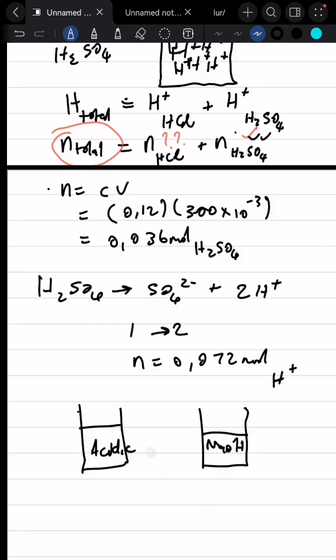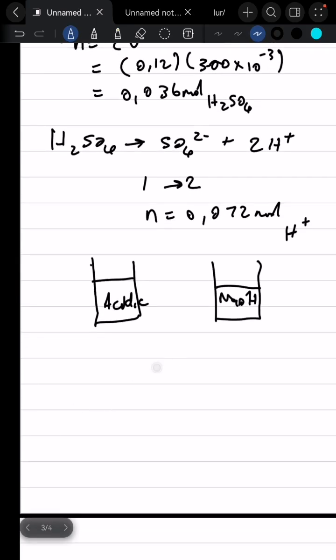If the acidic solution is completely neutralized, then its 20 milliliters would be neutralized by 16 milliliters of sodium hydroxide with a concentration of 0.305.